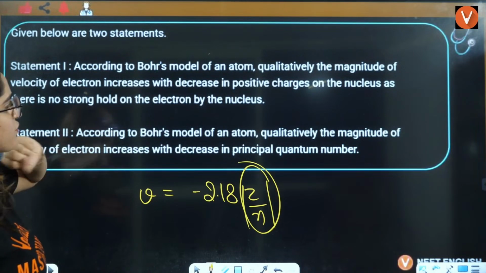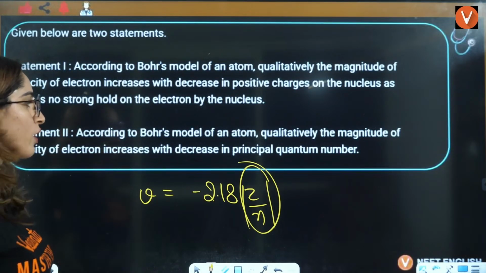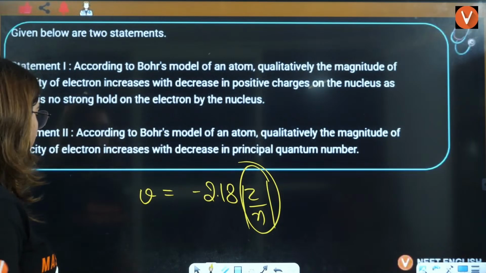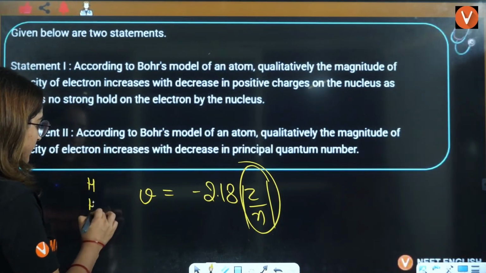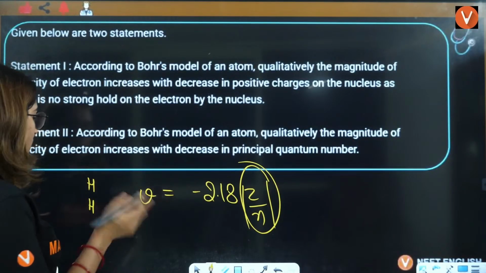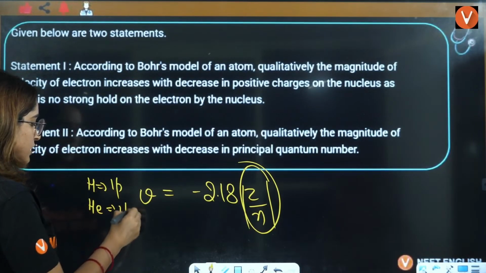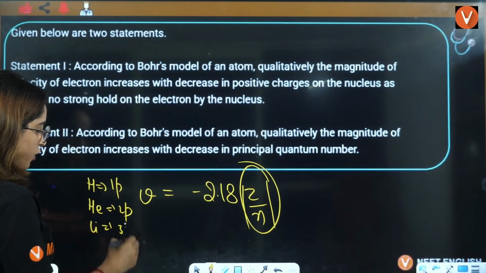Positive charge decrease means, if you talk about hydrogen, helium, the positive charge on the nucleus, hydrogen has 1 proton, helium has 2 protons, lithium has 3 protons, right?